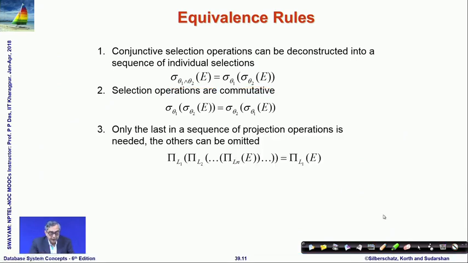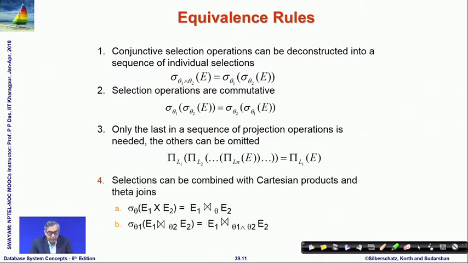There could be others. For example, if you have a sequence of projections, then naturally in that sequence the last projection that you have done is what is retained. So, if we have a sequence of projections, that is simply doing the last projection; all other projections can actually be ignored.